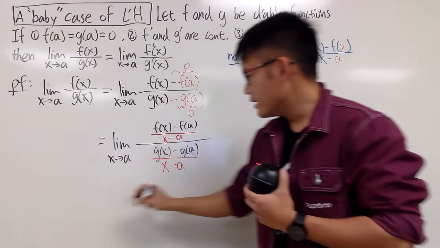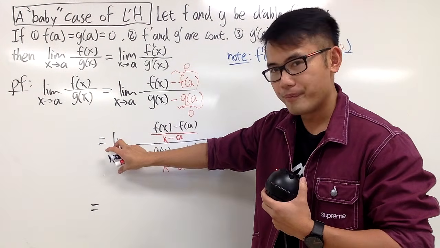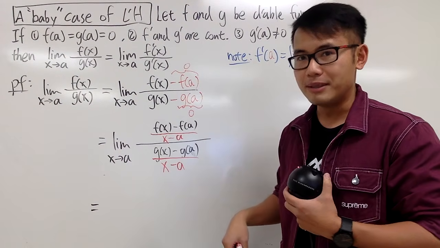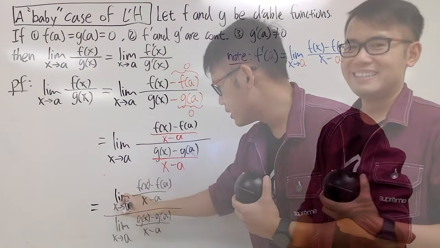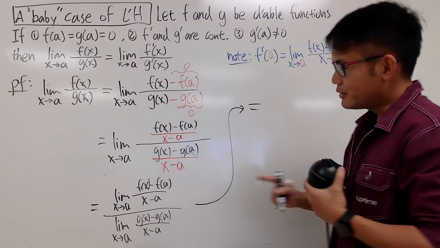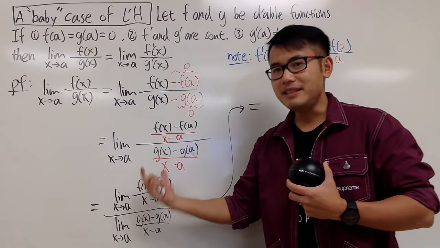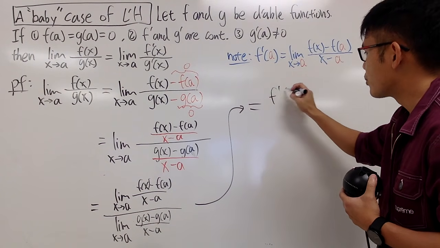And then, depending on how much detail you want to show, when you have a limit of a quotient, it's a quotient of the limits. So let's go ahead and do that. Put this right here. So we have the limit, and then let's go ahead and look at this. On the top, that's exactly f prime of a.